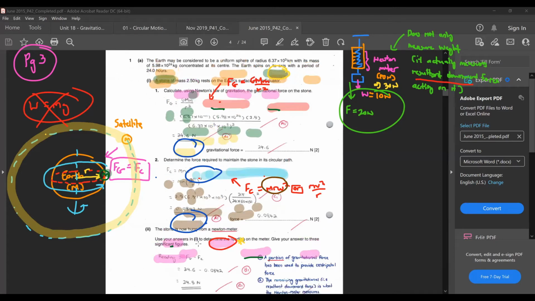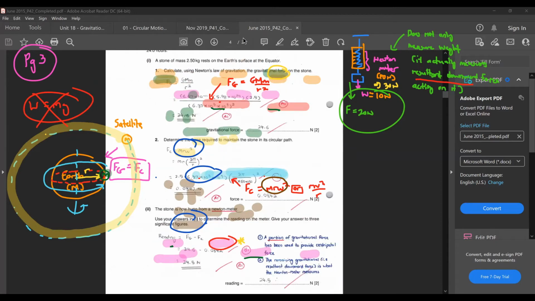Okay. Now you notice that this particular question has 2 marks to it. It's not as simple as saying that the reading on your Newton meter is actually just the weight itself, which was 24.6 Newton.